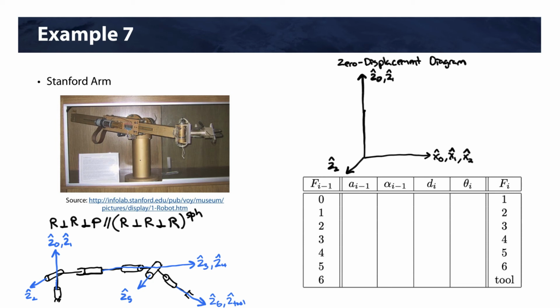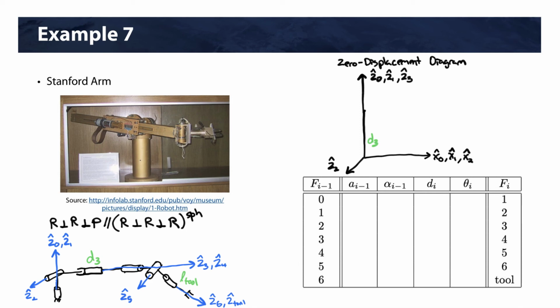We then have our prismatic length, which we should label here. This is D3, okay? And this length here is L tool, so we'll need those. So we're going to have our length D3 here, with Z3 going up.